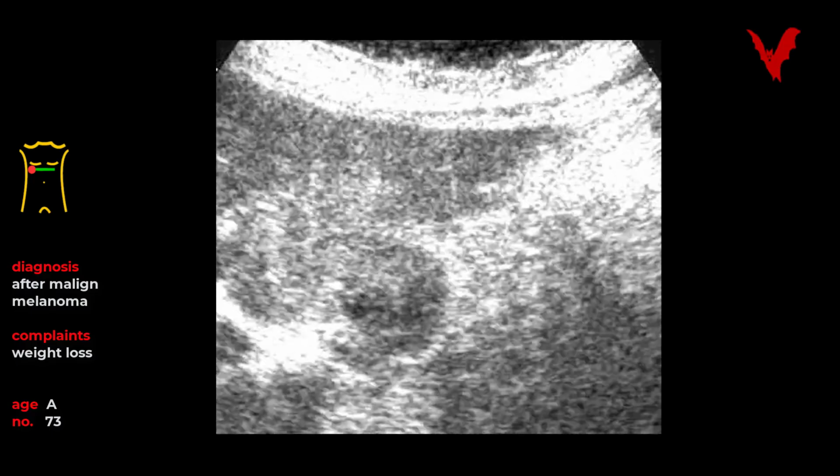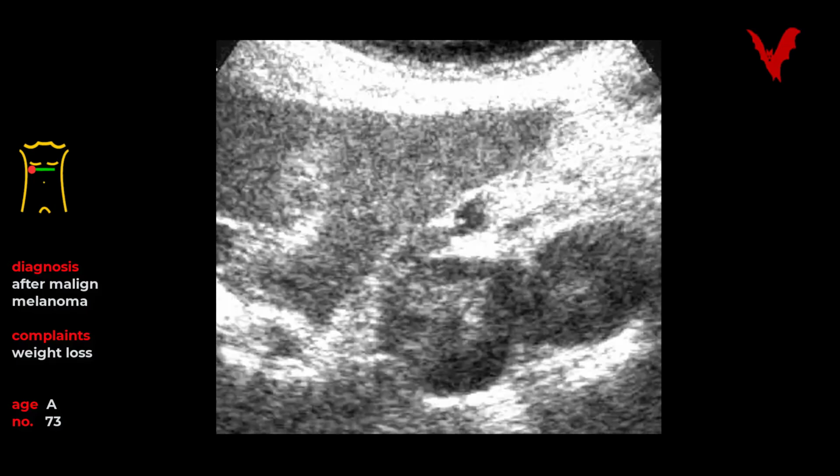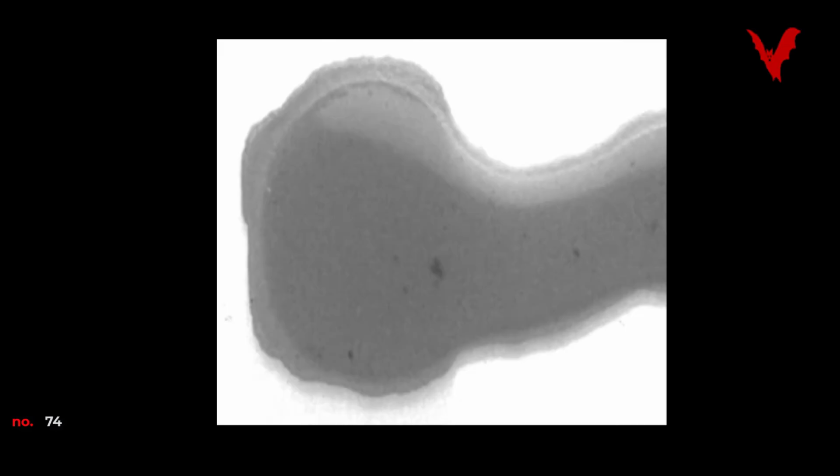In 74 you see by merely macroscopic evaluation a typical malignant melanoma particle after biopsy.